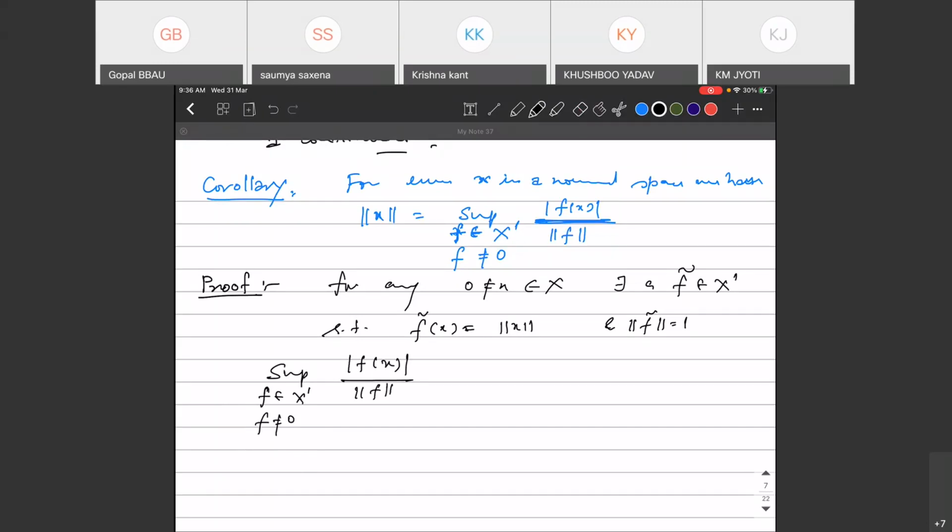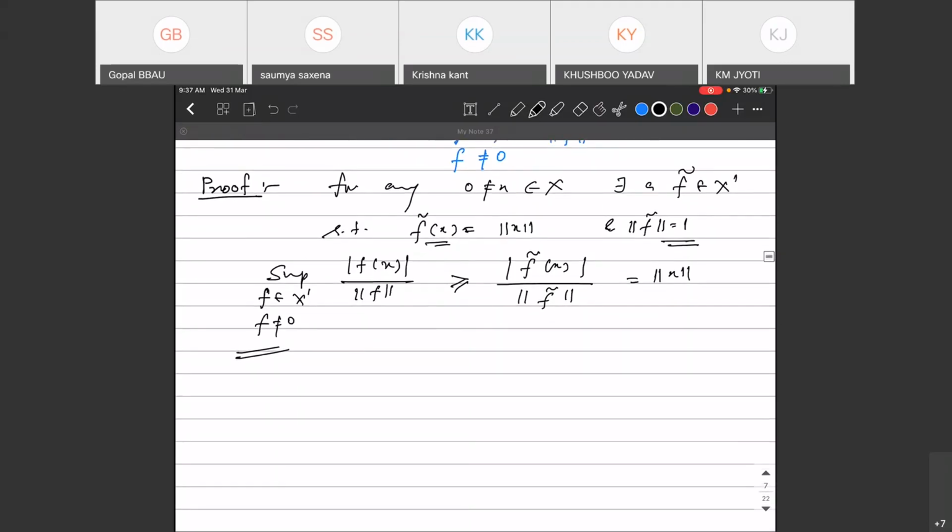Since we are taking the supremum over such quotients, clearly this is greater than or equal to the value at f tilde. But you know the norm of f tilde is 1 and f tilde of x is norm x.